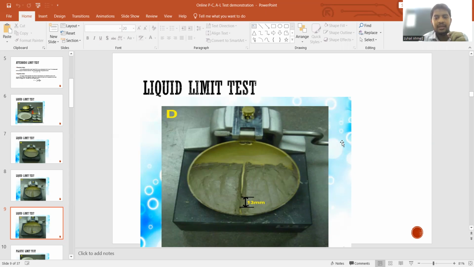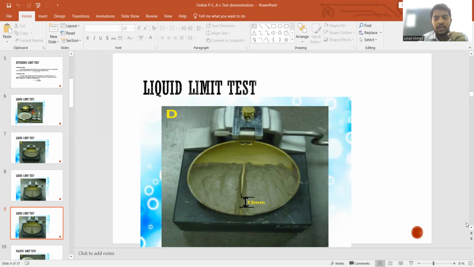So you want to take that for a minimum of 6 samples to plot a graph. You plot the graph with number of blows on a log scale and water content on the y-axis in normal scale.